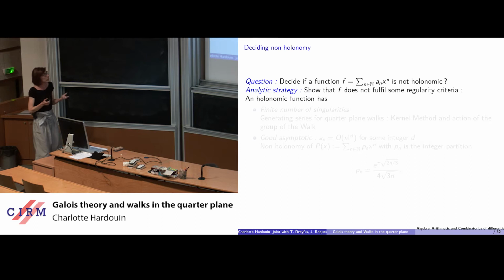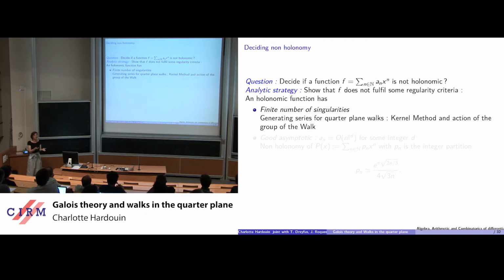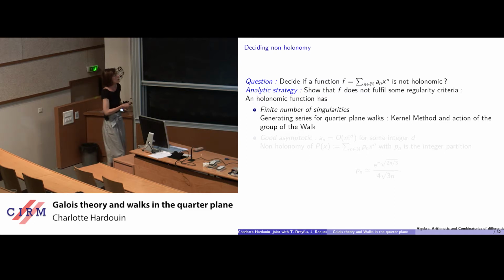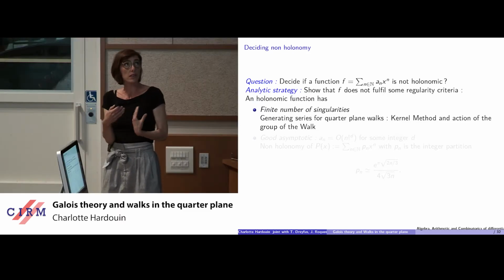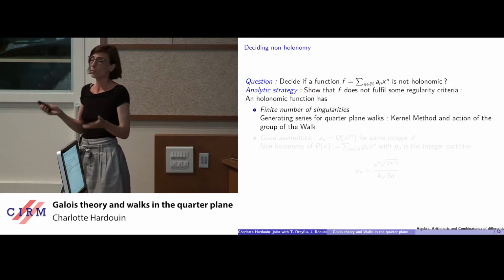So the analytic strategy consists in showing that the function does not fulfill some regularity criteria that a holonomic function has. So for instance, a holonomic function, a function that satisfies a linear differential equation, has a finite number of singularities. So if you succeed to show that the function you are interested in, your special function, has an infinite number of singularities, then you're done.